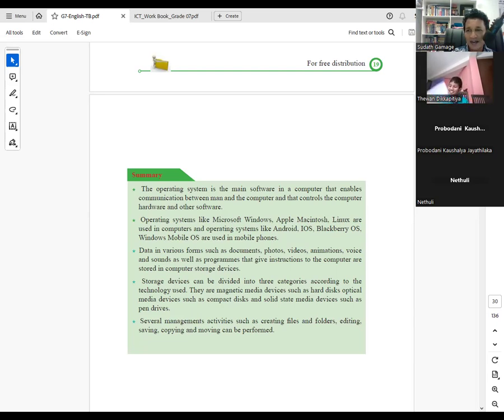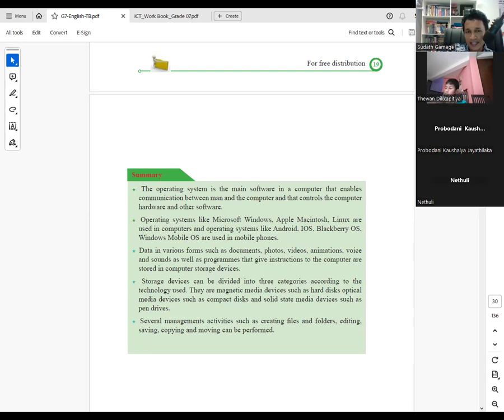Hey, there are no moving parts. In the magnetic devices, there are moving parts. It is rotating. In optical devices also rotating, right? There are moving parts. In SSD, there are no moving parts. So what is there? In SSD devices, there is an electronic circuit, right?